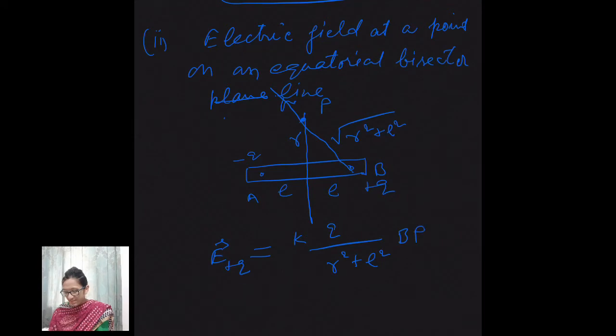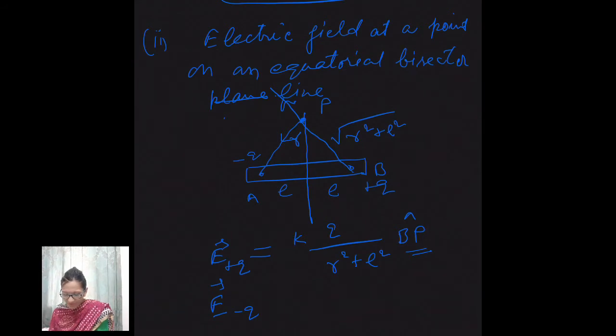This is the direction. Now electric field due to negative charge, and you know that if you place any positive charge at this point P, then it will be attracted towards negative charge. So electric field direction at this point due to this negative charge will be along PA.